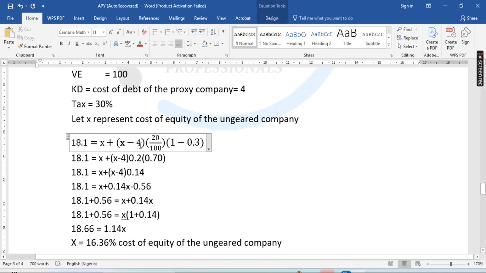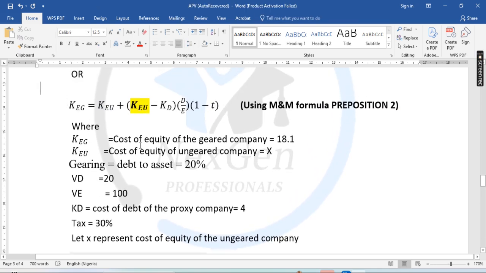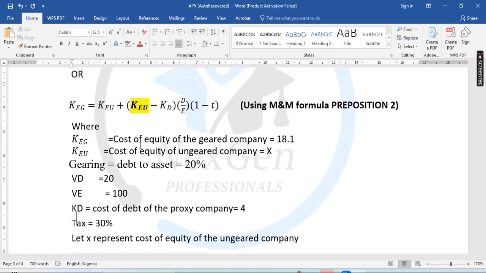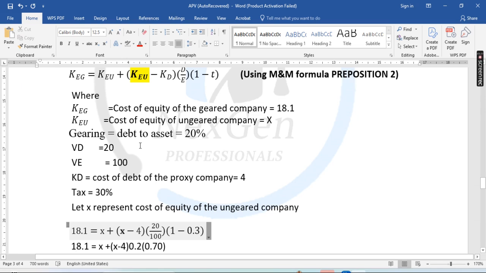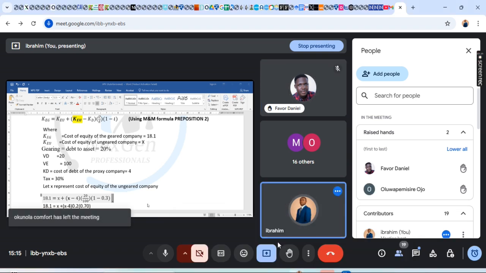Don't forget that this Modigliani and Miller proposition 2 is an assumption, right? The assumption here is that we are supposed to use the cost of debt of the proxy company, which is not given. But another approach is that the commercial debt is given.